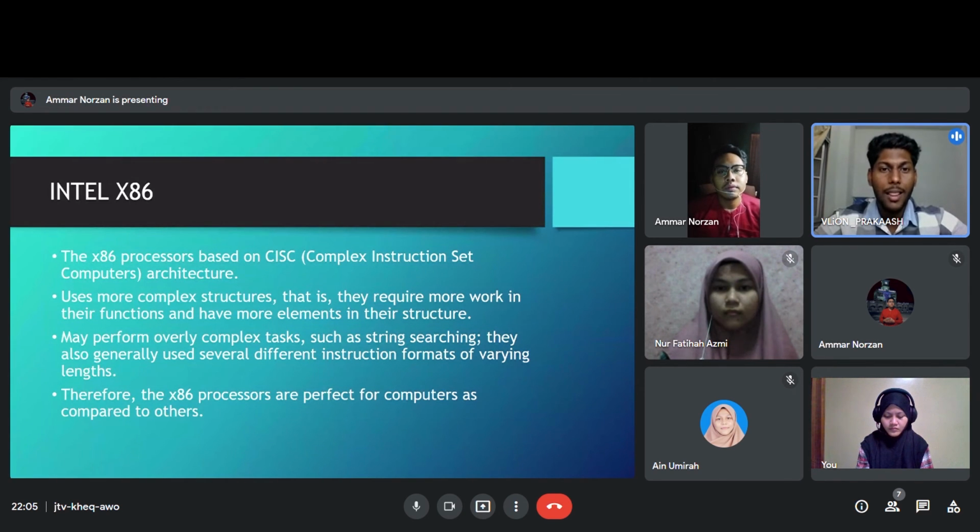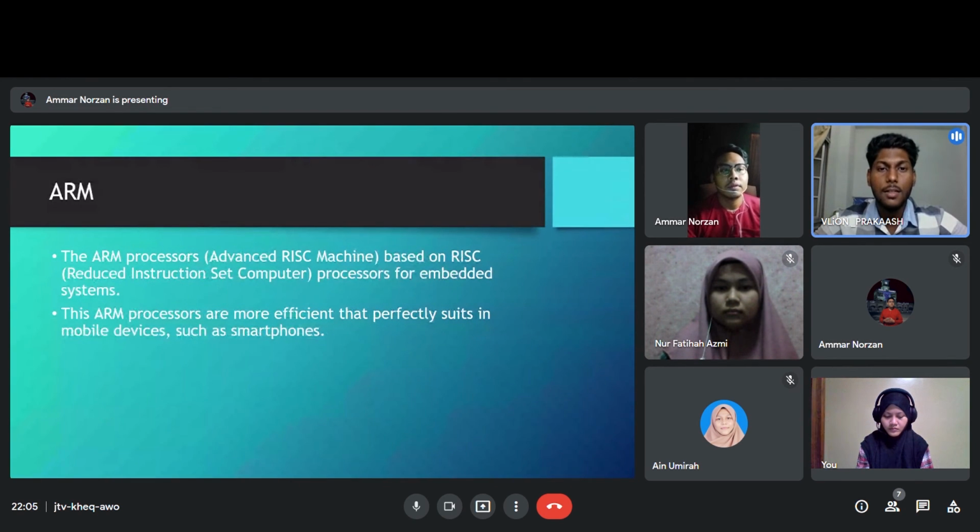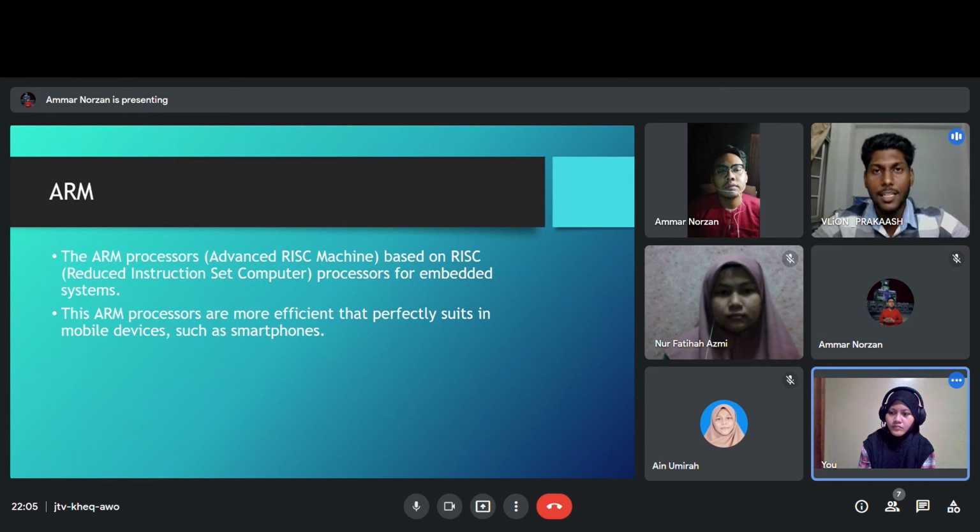Okay, so let's see about the ARM processor. The ARM processor, Advanced RISC Machines, is based on RISC, reduced instruction set computer processors for embedded systems. This type of processor was developed by ARM Holdings and is mostly known in the mobile market. These ARM processors are more efficient and perfectly suit mobile devices such as smartphones.